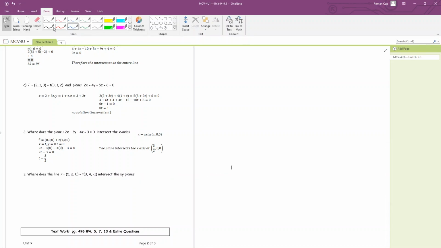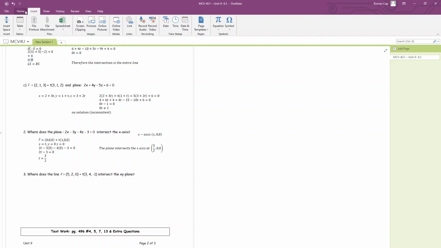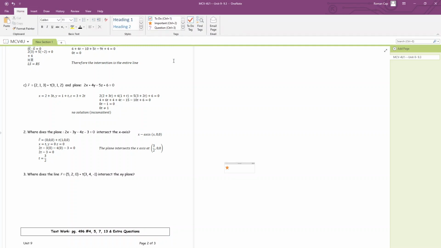So here I'm just going to write a chart that'll be helpful to remember this. When we have the xy plane, that means that z is equal to 0. And then we have the xz plane, y is equal to 0.